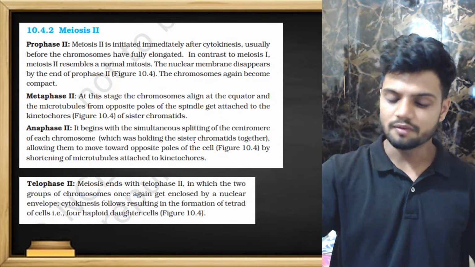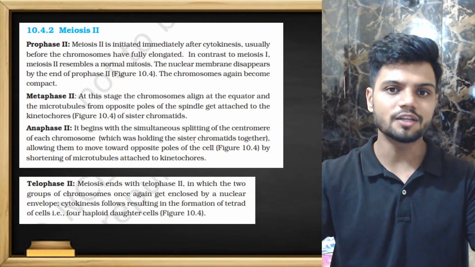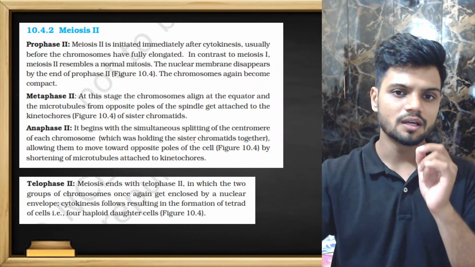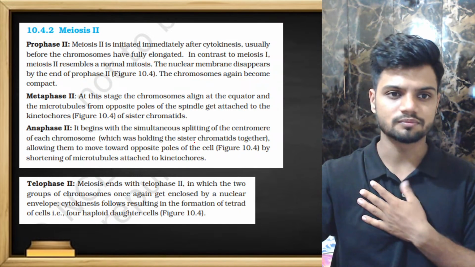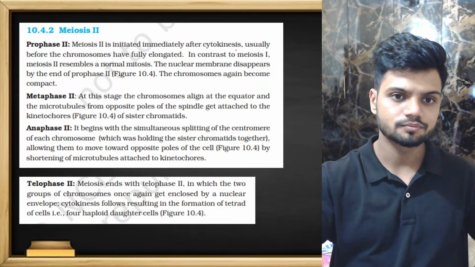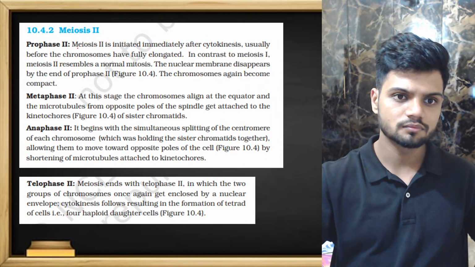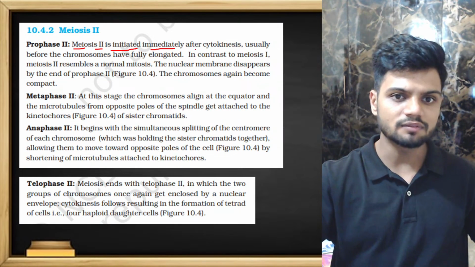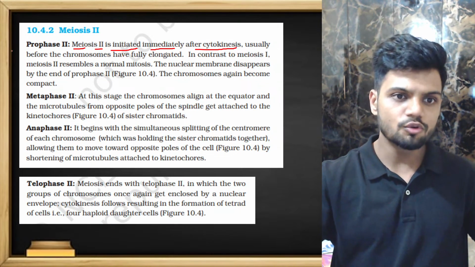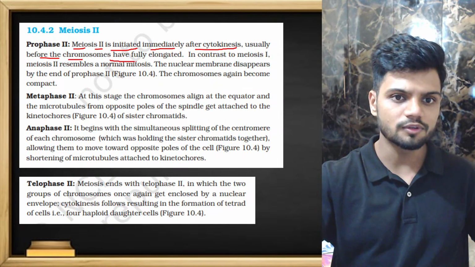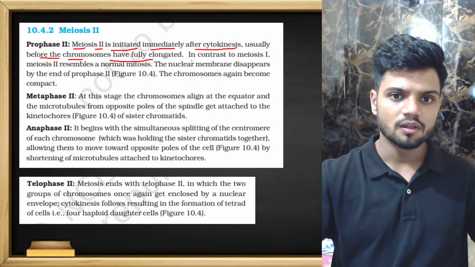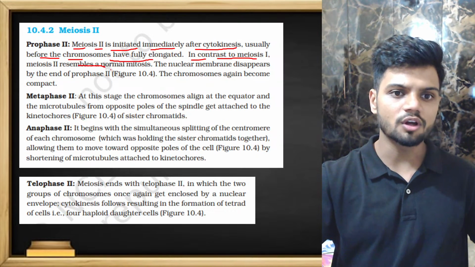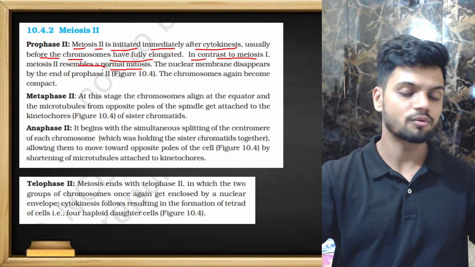Yes. Very simple again. I'll teach you NCERT line by line. Understand every line of NCERT now. Prophase II. Meiosis II is initiated immediately after cytokinesis, usually before the chromosomes are fully elongated. In contrast to meiosis I, meiosis II resembles normal mitosis.